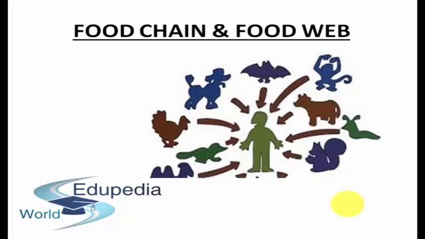So what do you think is a food chain? Basically, if you just look at this word, food means it is some kind of energy that we all require. Even humans require energy. We require food. The animals also require food because they need to have energy. And chain means the living organisms are interconnected with each other.